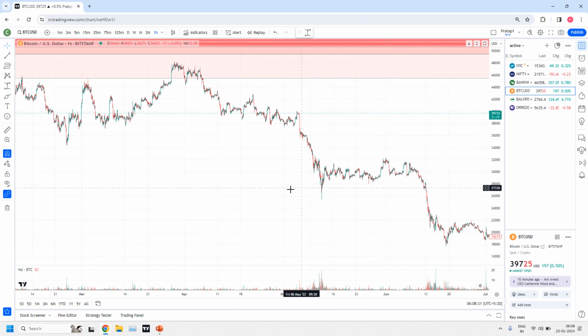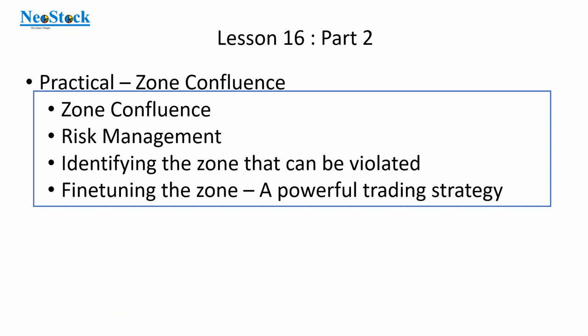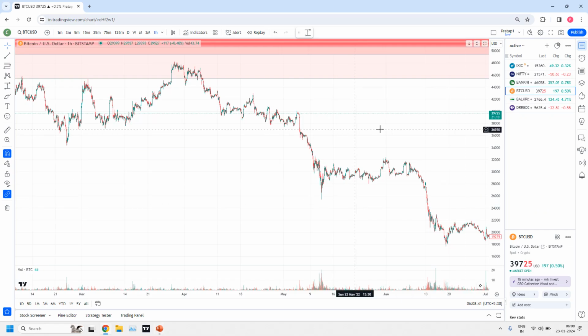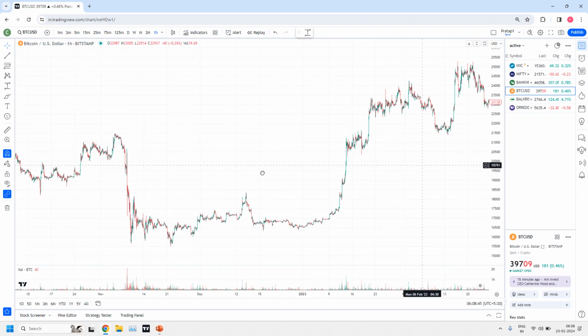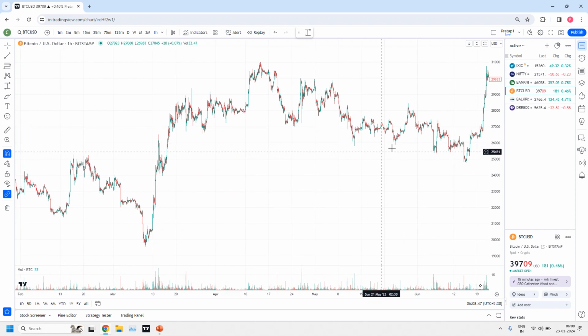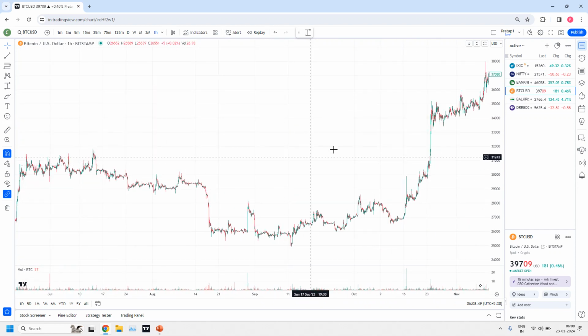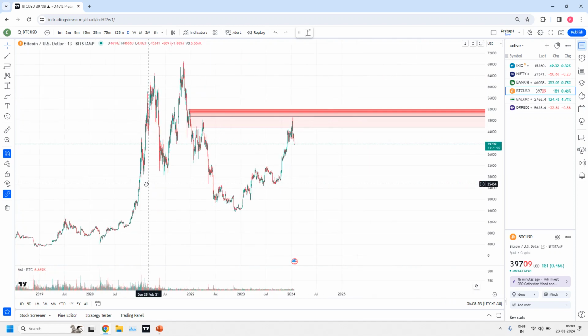But the point you have to understand is how we are fine tuning the zone. This is very important. See here, the last one, fine tuning the zone, a powerful trading strategy. That is what we are doing. Because when you take entry by fine tuning, you will have a higher success rate in those zones. Let me change the time frame to daily.